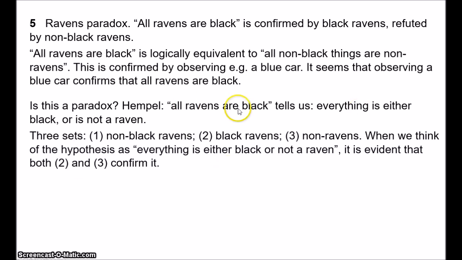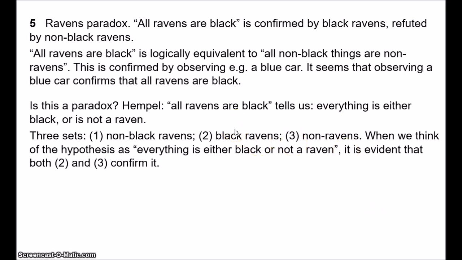So we can partition the world into three classes. First, the non-black ravens. Second, the black ravens. And third, the non-ravens. So if we say everything is either black or is not a raven, obviously any instance of a non-black raven falsifies this claim. Also, evidently, any instance of a black raven confirms it.